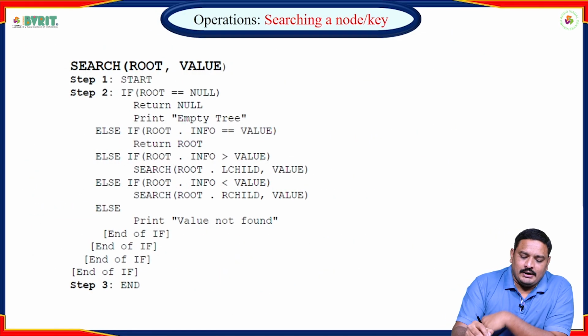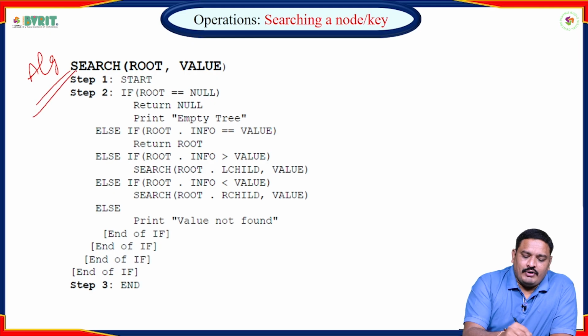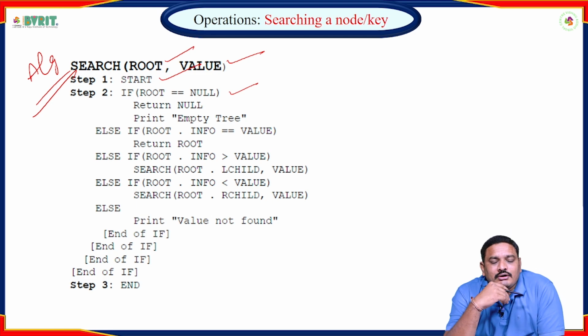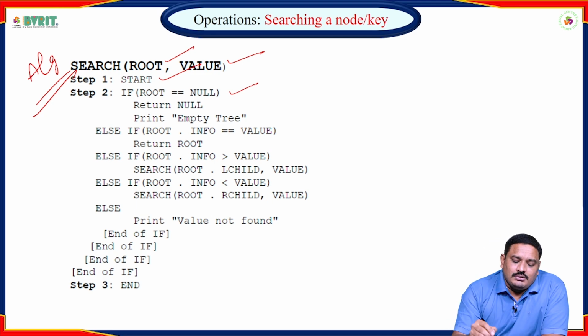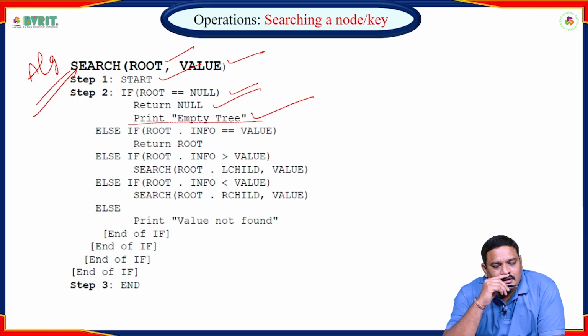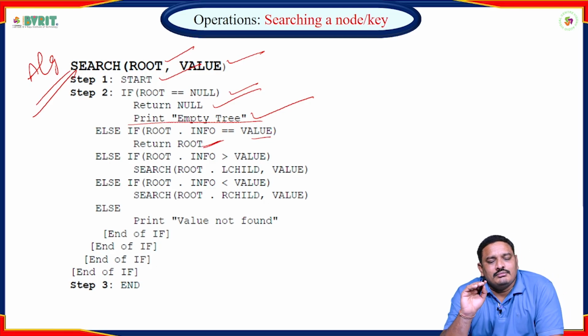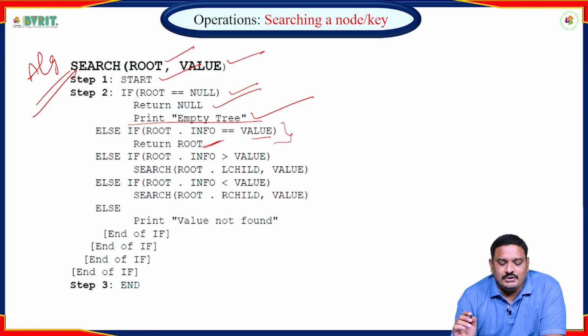This is the algorithm for searching a node. First, we create the search operation with a root having some values. The first step is to start. If root equals null, the tree is empty. Else, if root.information equals value, the root node has the value.